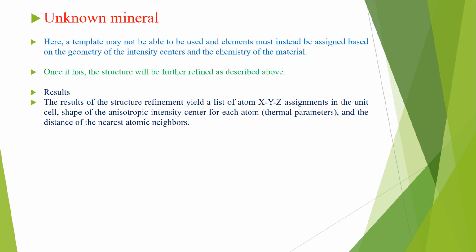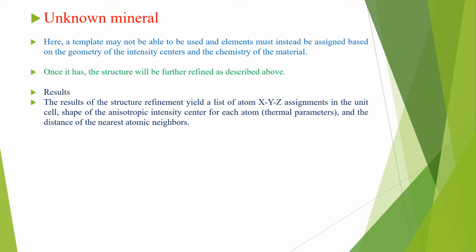This procedure can be much more difficult, as it is often through trial and error that the correct assignment is found. Once it has been, the structure will be further refined as described above.